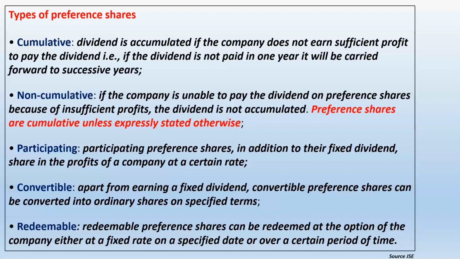Why? There's a fixed dividend rate, which equals a fixed interest rate. There is a certain date on which this share capital must be repaid to the shareholder, which is the same as loan capital that needs to be repaid to the person or the body who has provided the loan finance to the company at a certain date somewhere in the future.